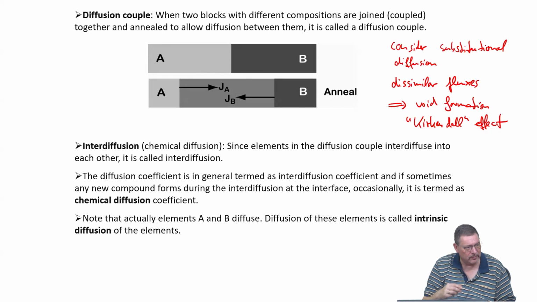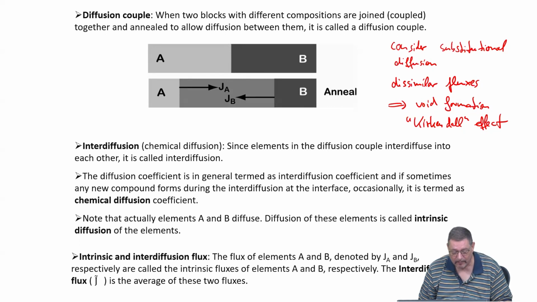They are diffusing with their intrinsic diffusion coefficients, and the net flux coming out of the coupled A and B diffusion is then called the interdiffusion flux.